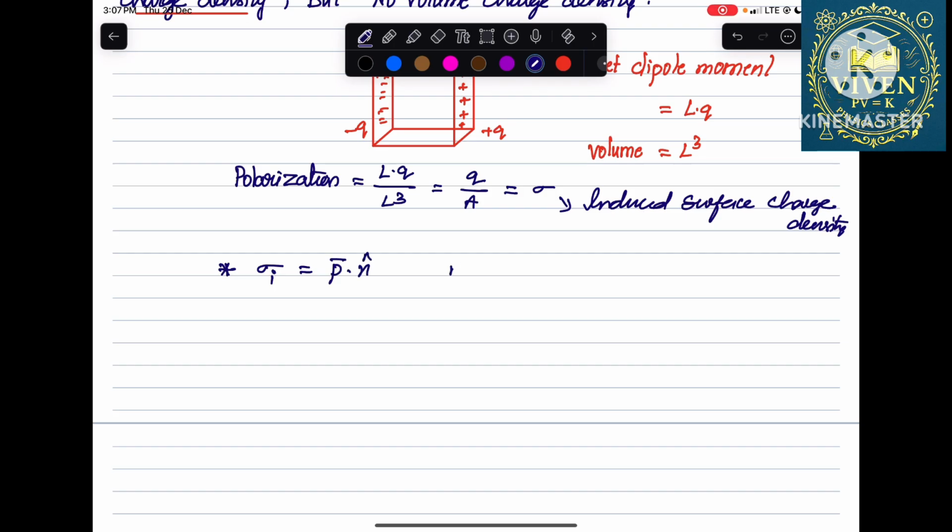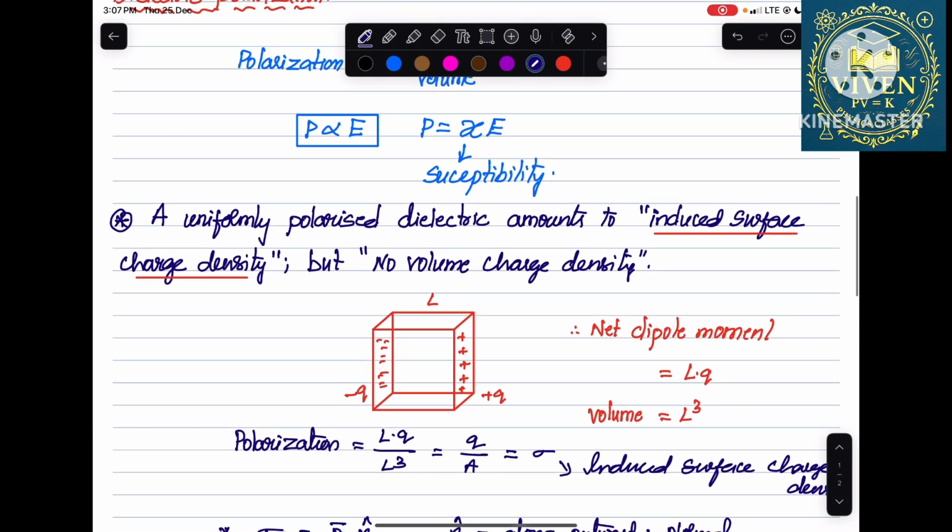What is this unit vector? N cap. In which direction will it be? Outward to the surface shown, and it will always be normal to the surface on which the charge was considered.